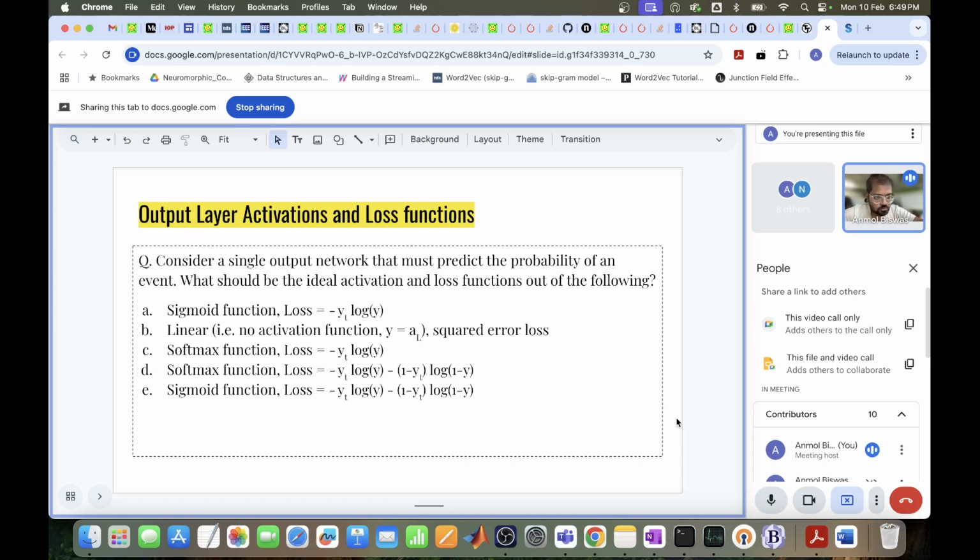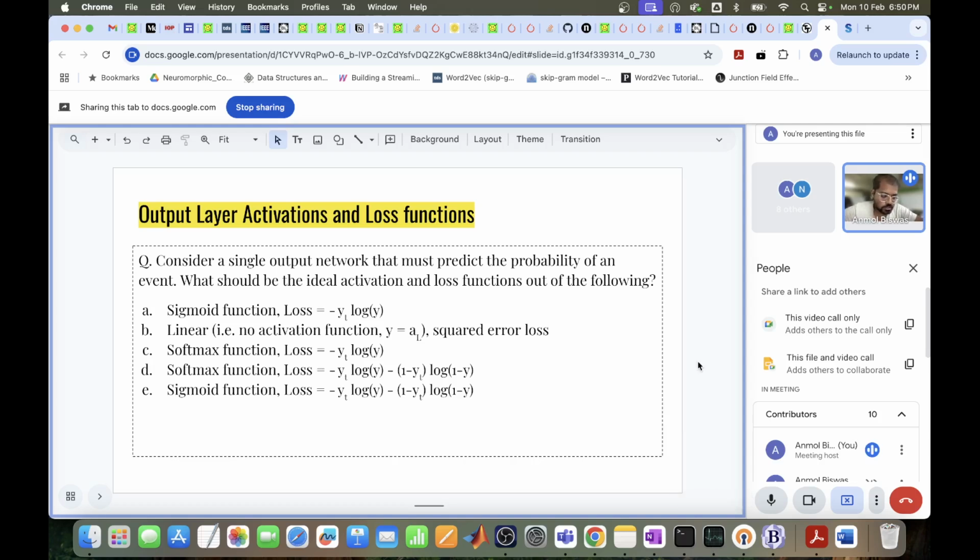If it is positive sentiment, you would return some value that is high, the probability of positive sentiment is high. If it is not positive sentiment, then you want to return some value that is low. So you're returning some sort of probability of something, just one single probability value, right?